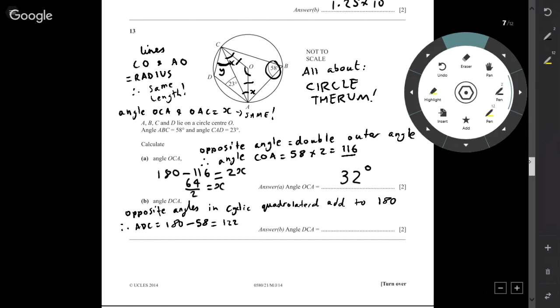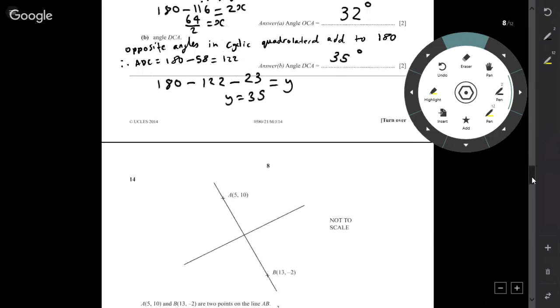This angle is 122. Then same again, 180 minus 122 minus 23 equals y. Pop that into your calculator, and we find that y equals 35. So we put 35 degrees. Again, that's all about learning the rules and thinking about how we can put the rules into play.